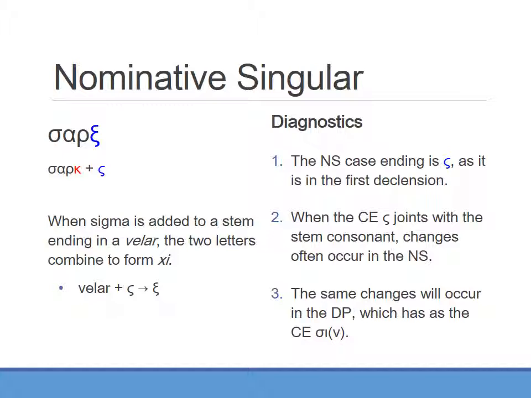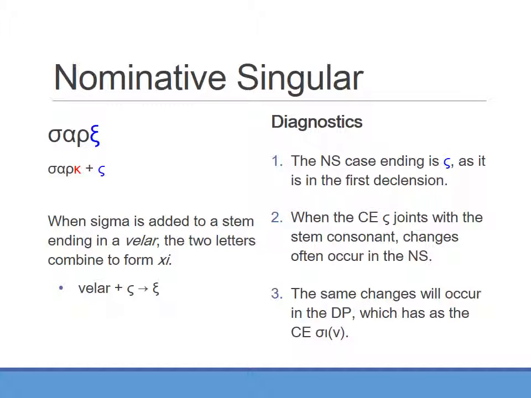We start with the noun sarks. We saw previously that the noun stem is sark, ending in kappa. The case ending is sigma. Now when you add sigma to a velar, remember the velars are kappa, gamma, and chi, the two form xi.